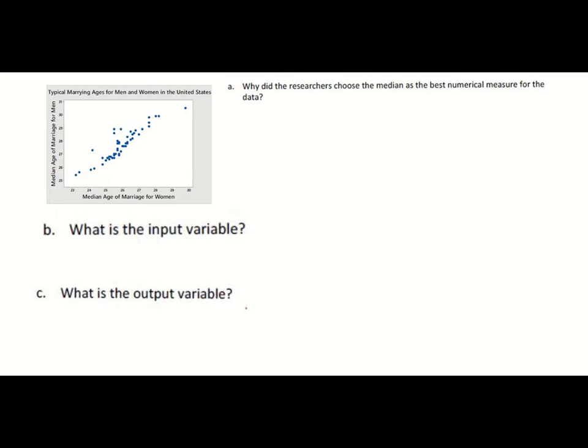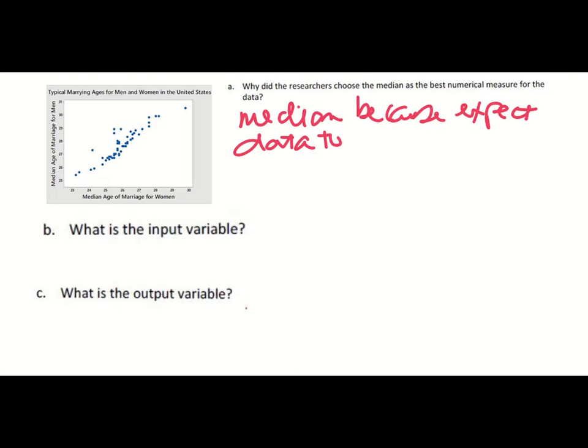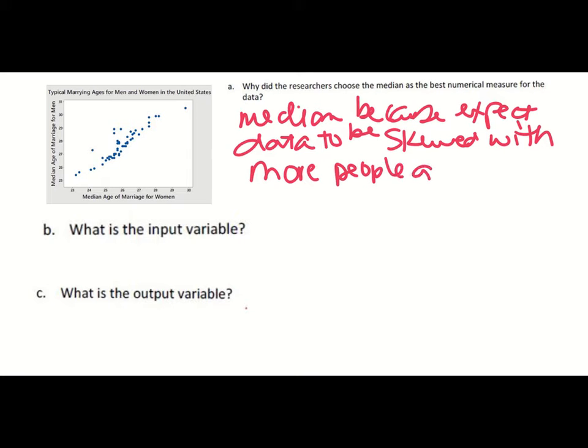So they chose the median because you would expect the data to be skewed, with more people getting married in their 20s. Most people get married in their 20s and some in their 30s, but looking from this chart, most get married in their 20s.